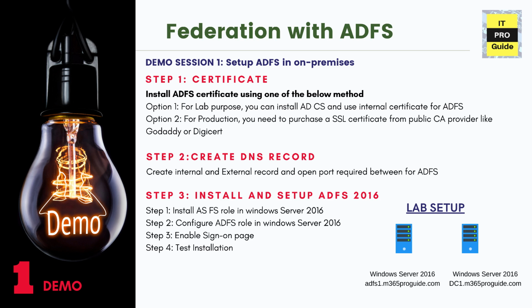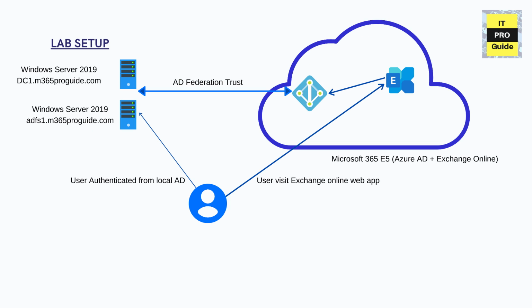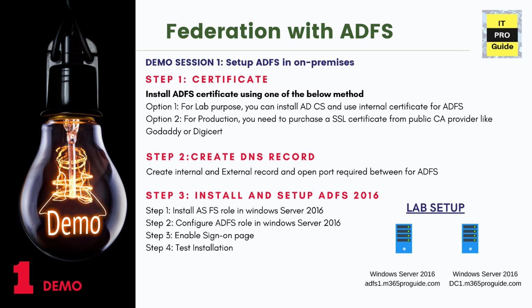So let's look at the lab setup I have. I have a Windows Server 2019 domain controller, which is ready for the demo. Then I have a Windows Server 2019 for ADFS, which is just installed and joined to the domain. My first requirement is a certificate. I need a certificate for the ADFS web service. There are two options.